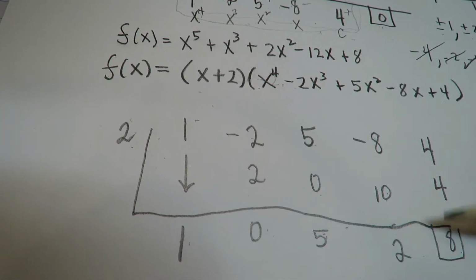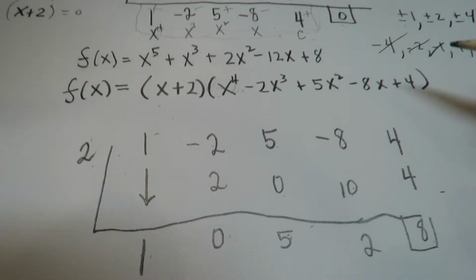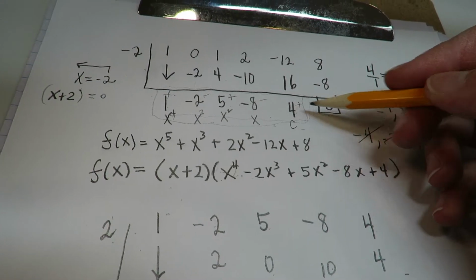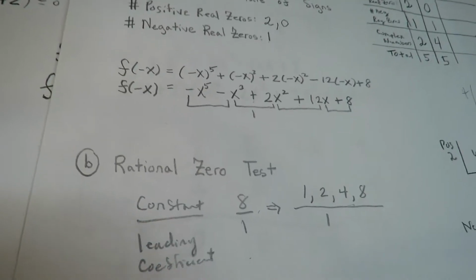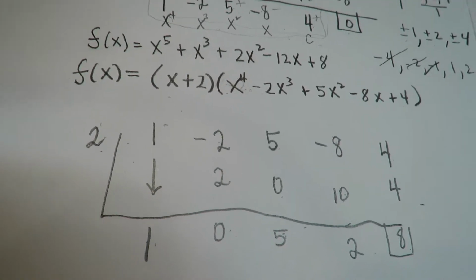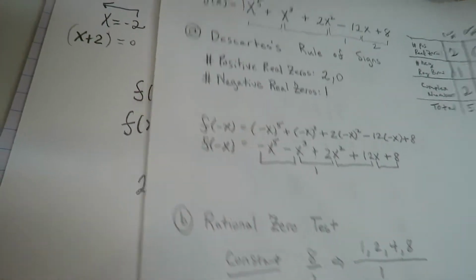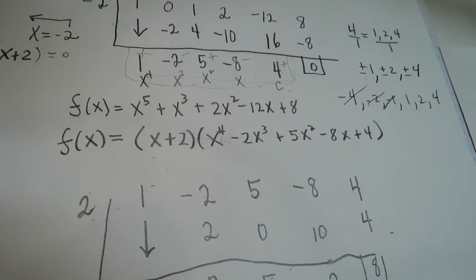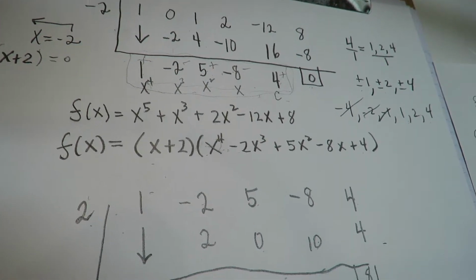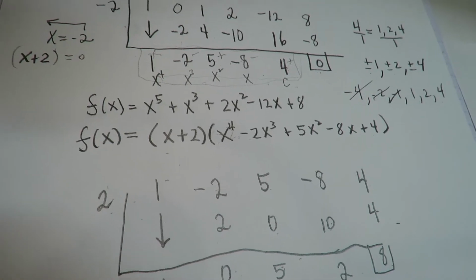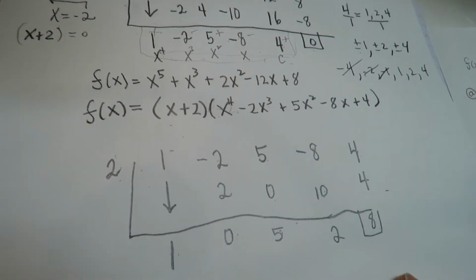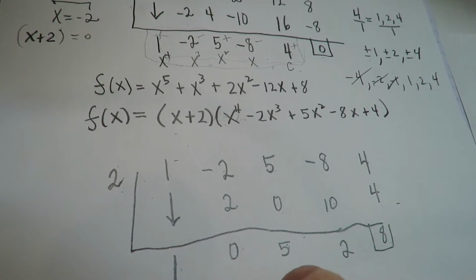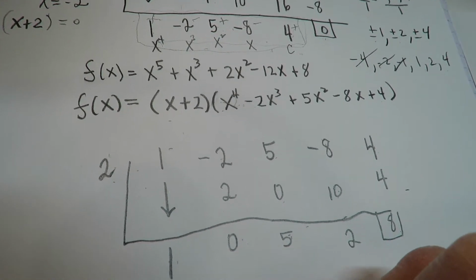Okay. Let's check all our signs. No winner. Okay. All right, so that doesn't work. All right, so let's try 1 because it looks like these are all positive and this is positive. So let's try a 1. So we'll try again now with a different number.